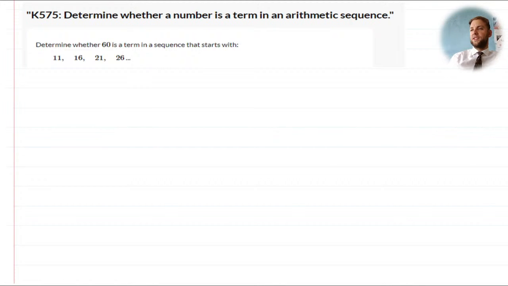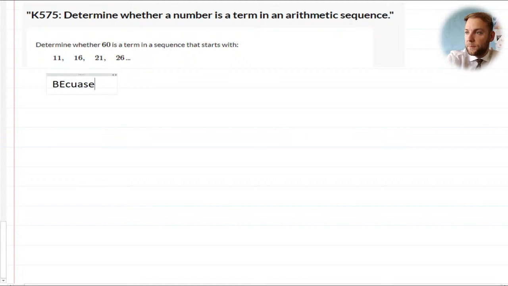So, okay, 575, determine whether a number is in an arithmetic sequence. With this one here, the easiest way to do it is to basically spot what's happening. Each one of these numbers is ending in 1 or 6. So because each number ends in 1 or 6, it means that 60 is not going to be in the sequence.